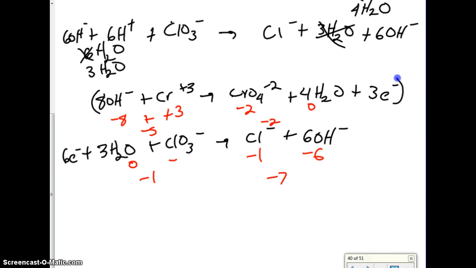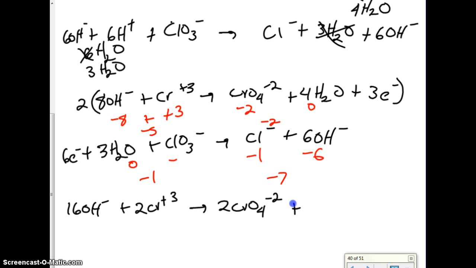We multiply this whole top one by 2, so I'm going to rewrite it underneath here. So we end up with 16 hydroxides plus 2 chromium ions, forming 2 chromate ions, plus 8 waters, and 6 electrons. Okay, so our electrons cancel.